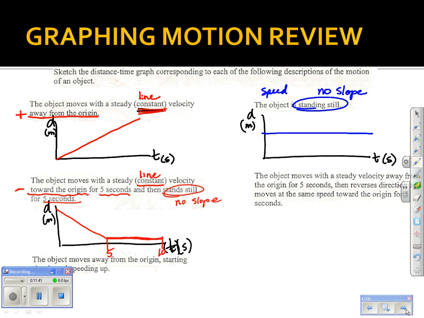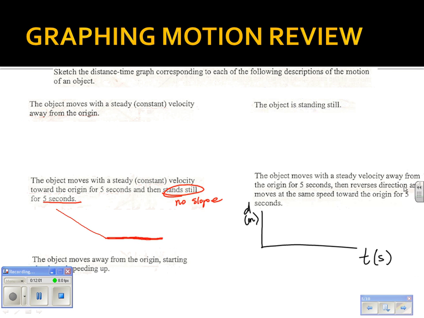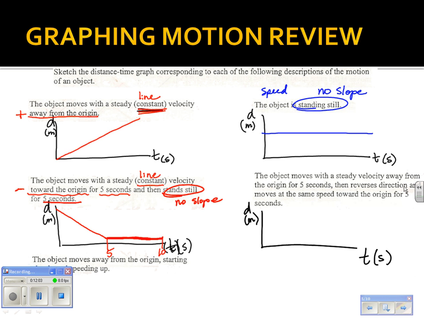All right. Now my next one, let me get my axes here. So we have time and distance, and my T looks like a crazy person wrote it. Okay. An object moves with a steady velocity away from the origin. So again, away means positive.